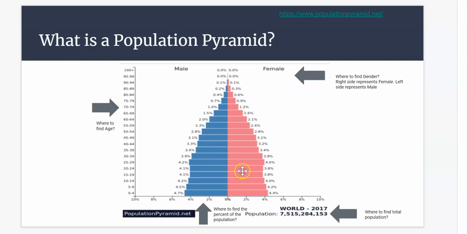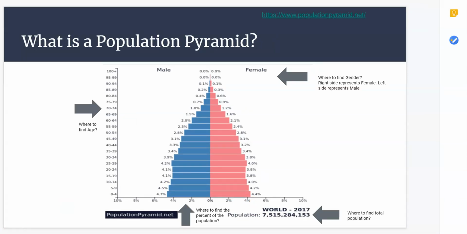Once we go to this website that we'll be going to, once you scroll over there, you'll actually see the total amount of people. It'll also have the total population in all. So this one is actually looking at the world population, as of 2017. That says right there, 2017. There were about 7.5 billion people in the world, and of course that has grown because the population in the world is growing.